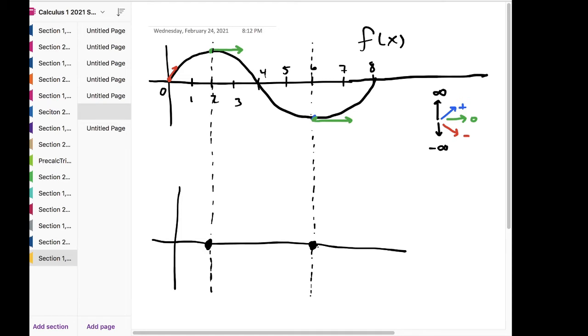So, for example, what is the derivative at 4, positive or negative? In the picture here. What's the derivative at 4? Is it positive or negative? It's negative, right? Because it's decreasing.